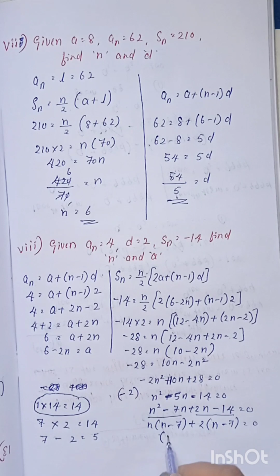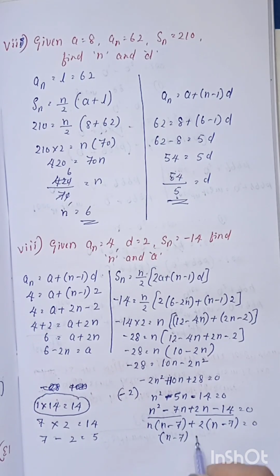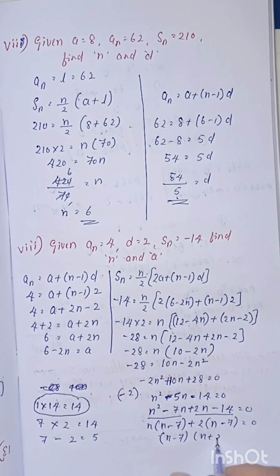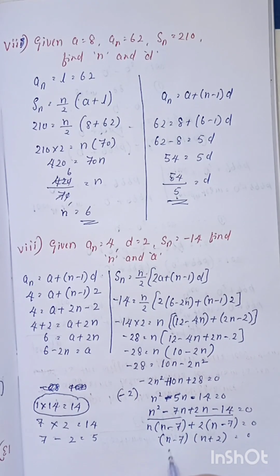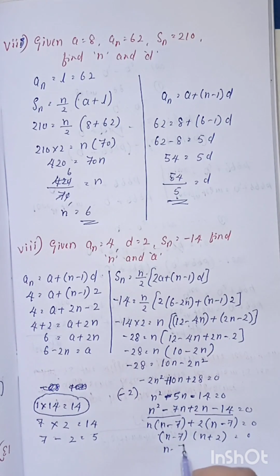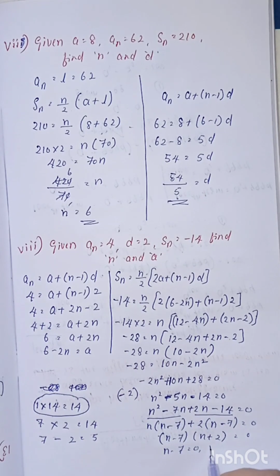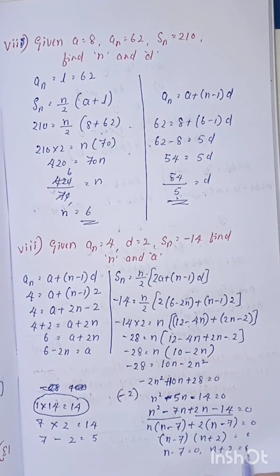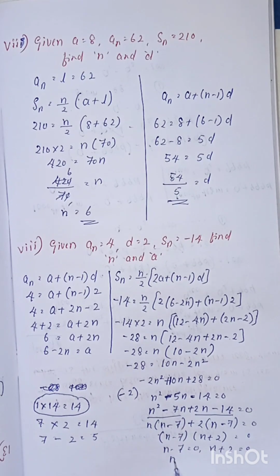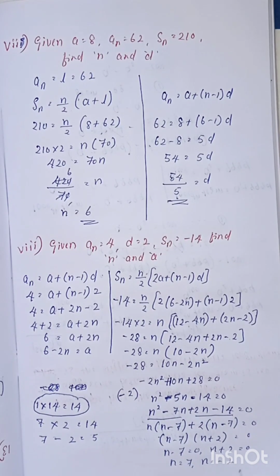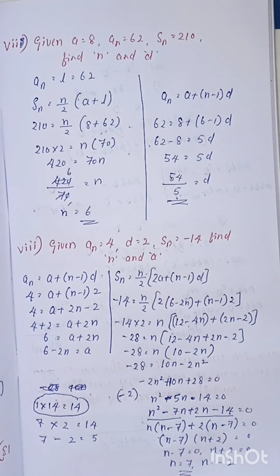So n minus 7 into n plus 2 equals 0. n minus 7 equals 0, n plus 2 equals 0, n equals 7 and n equals minus 2. N, we have to take the positive number always, so here we can select n equals 7.